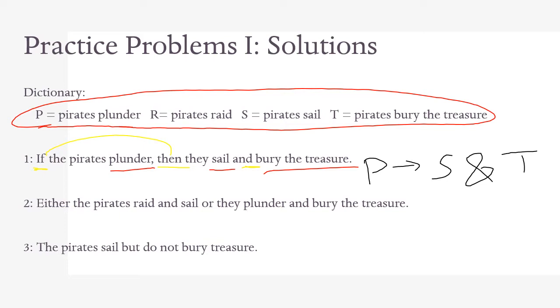So this is actually going to be one of the instances in which we could write it one of two ways. We could put the parentheses here if you think that this is all one thing, and then and bury the treasure is tagged on at the end, or if you think this is all one thing, then you can change where you put the parentheses and you can put them here.